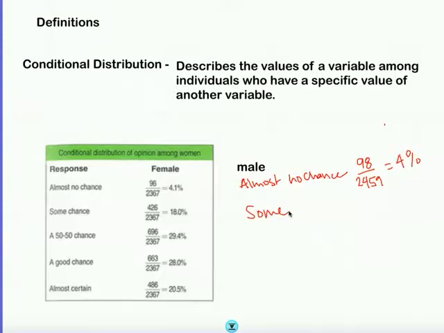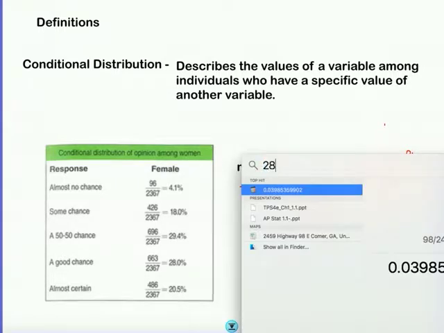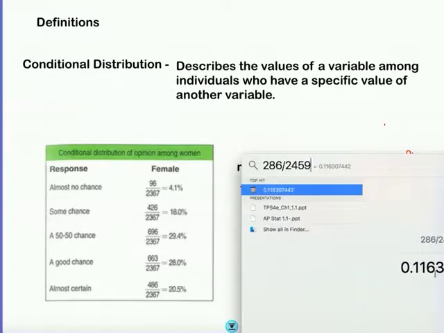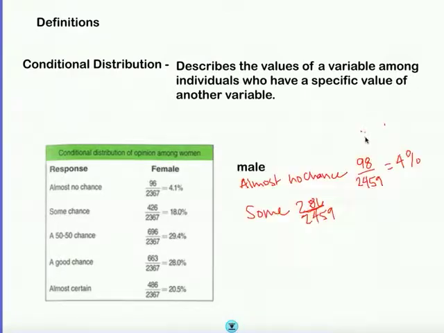For your some chance, you had 286 out of the total 2,459. So if you did 286 out of 2,459, you would get 0.116, and so that would be 11.6%. And you could continue to do this for your males.